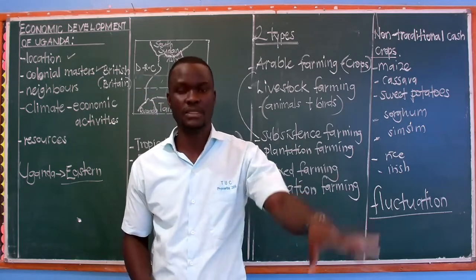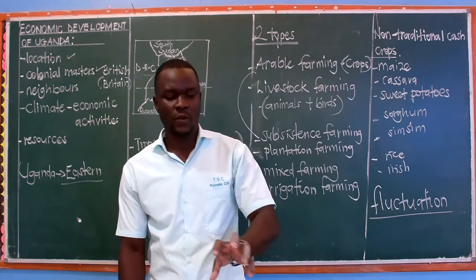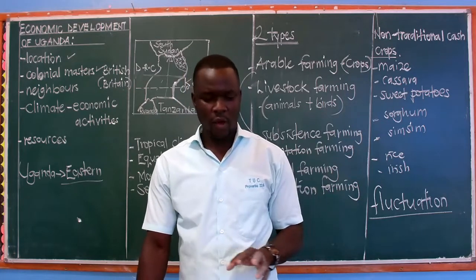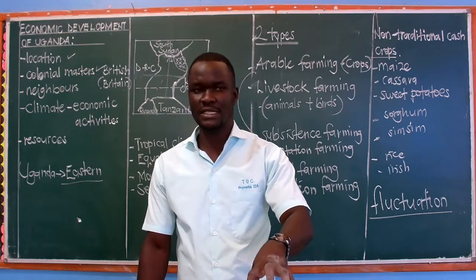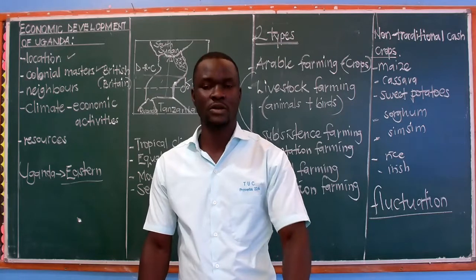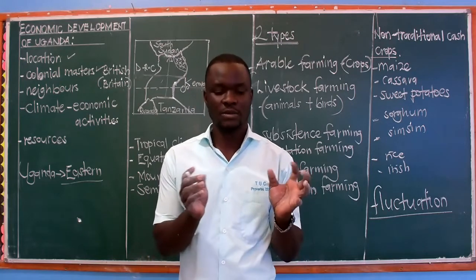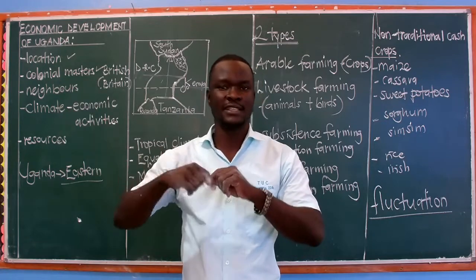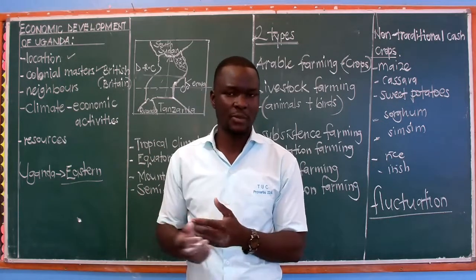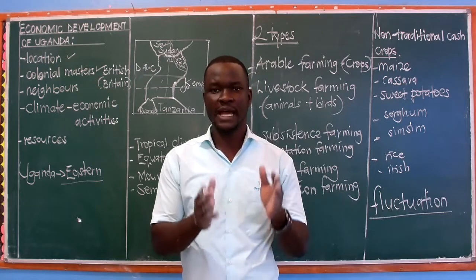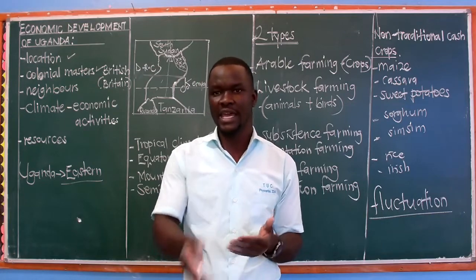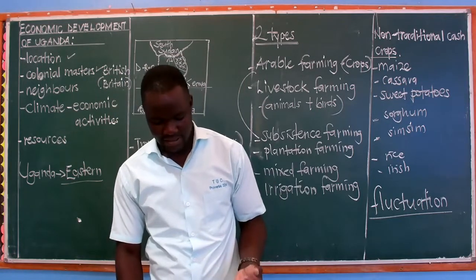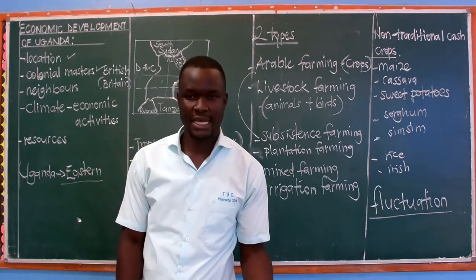Like I've always told you in the previous lessons, when they get to know that there is a mineral in that area, for them to begin mining, people living in that area have to be displaced first. So it becomes bad for such people, as they will be chased away from their original homelands and taken to other areas. That will be a bad side of it to them.